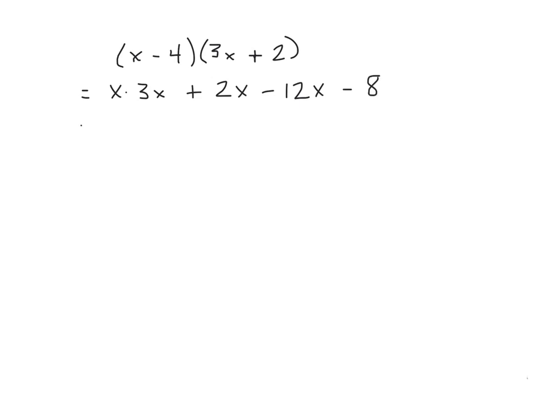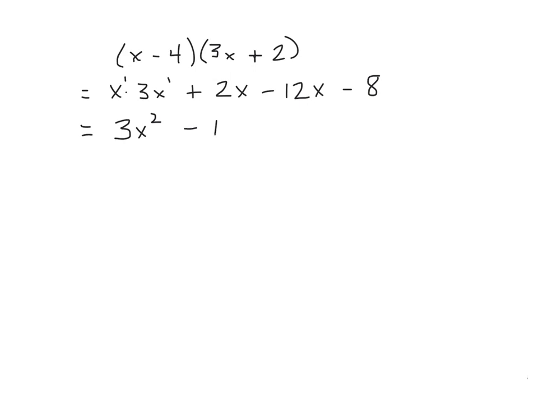Now, cleaning this up, x times 3x, we would add those exponents on the x's, which are understood to be 1, so 3x squared. The 2x and the negative 12x are like terms since the variable part is the same, x to a first power in both cases.